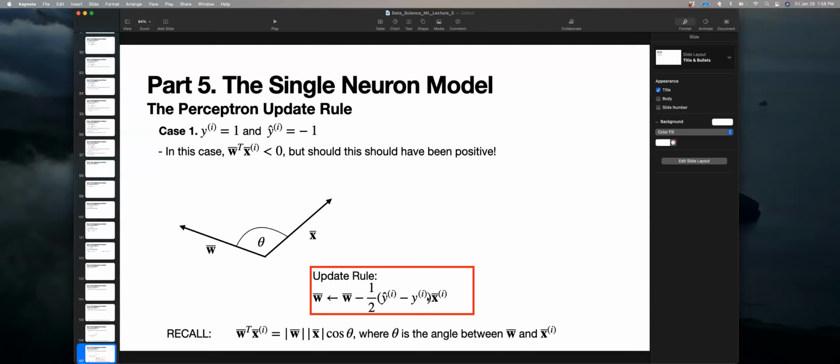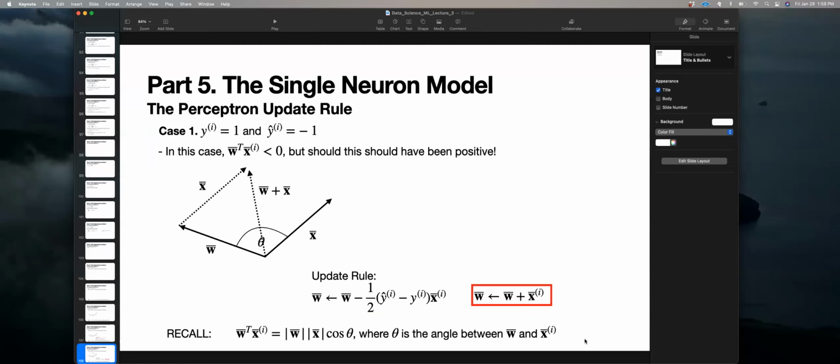Well, inside these parentheses, we have -1 minus 1. So inside the parentheses, this will evaluate to what? -2, right? And then that -2 times -1/2 is just going to be +1. So really, W is going to be moved to W plus X.